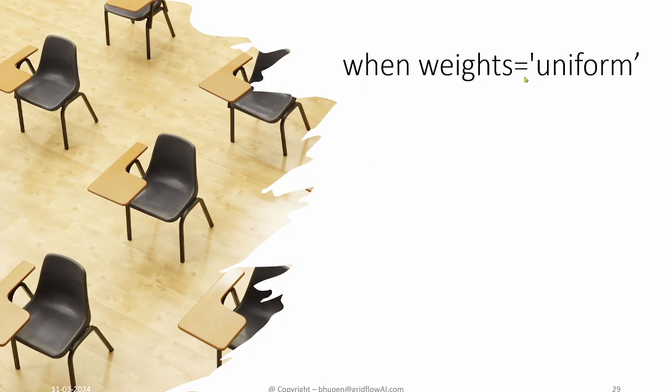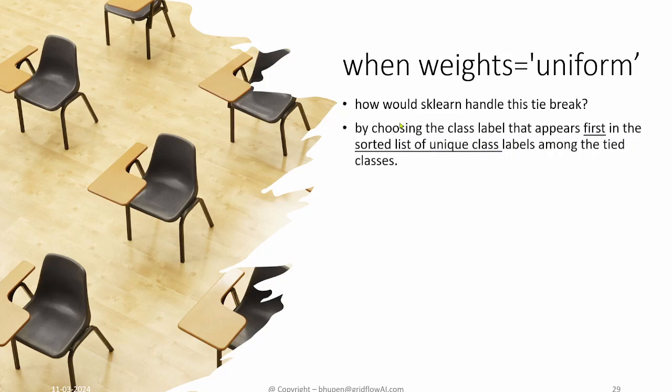When we have weights equal to uniform, how will scikit-learn handle this? It breaks the tie by choosing the class label that appears first in the sorted list of the label names.